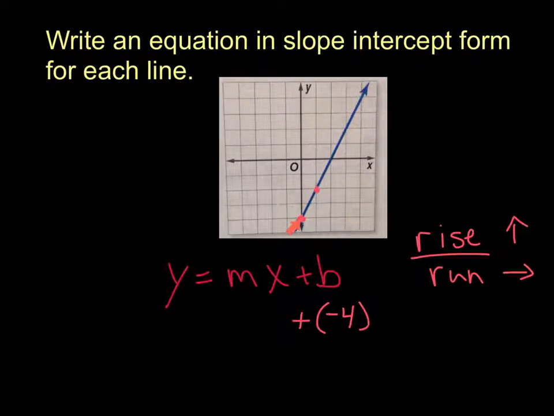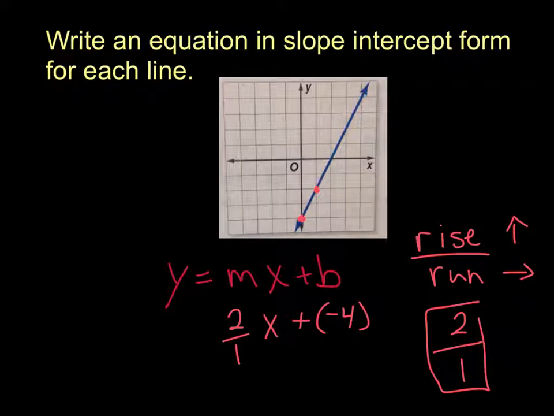To go from the y-intercept to this next point, the rise, or the vertical change, is going to be 2, right? 1, 2. And once I've gone up 2, the run, or the horizontal change, is going to be 1. So my run is 1. So here is my slope: 2 over 1 x plus a -4.